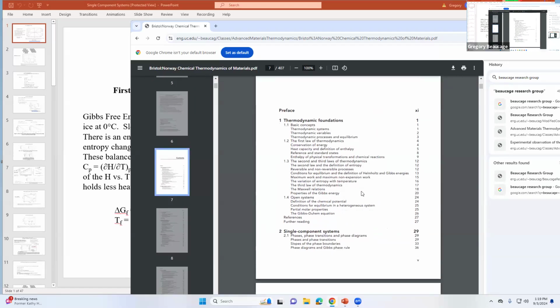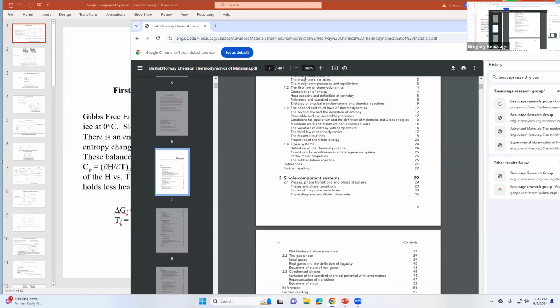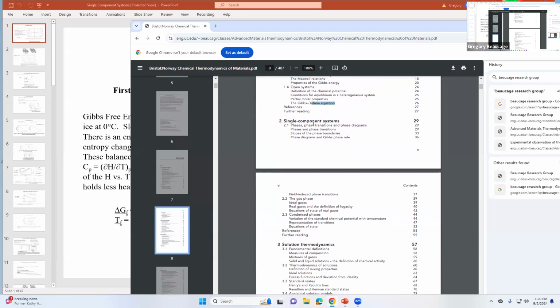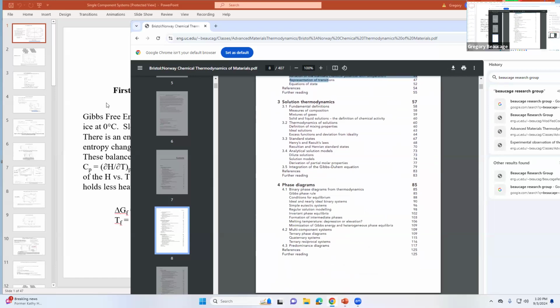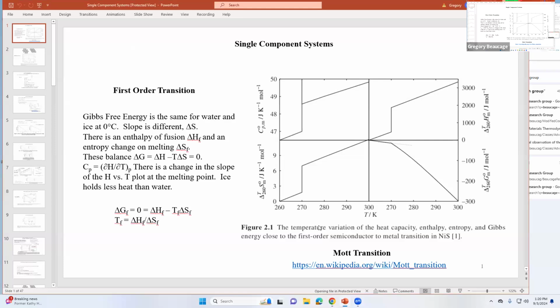So foundations, what I just did, like the Gibbs-Duhem equation, that's all here. Then single component, that's what I'm doing now. You can read that stuff if you want. One thing that's weird about the book is that he uses strange transitions, like this Mott transition.